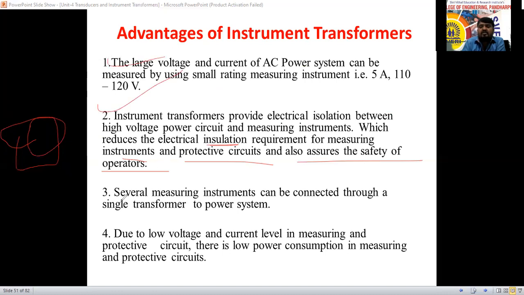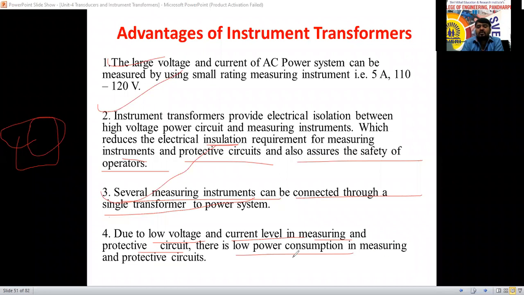Third one: several measuring instruments can be connected through a single transformer. One single transformer we have used, and we can connect a voltmeter, ammeter, power meter, energy meter, frequency meter, and power factor meter. Several instruments we can connect. That is the third advantage. The fourth one: due to low voltage and low current level in the measuring and protective circuit, there is low power consumption.